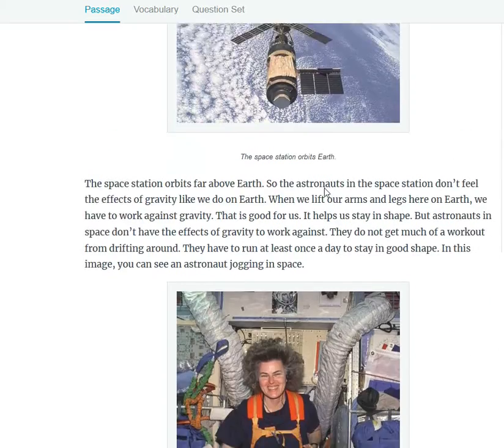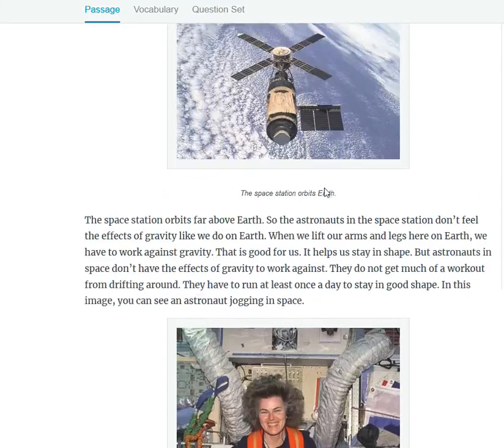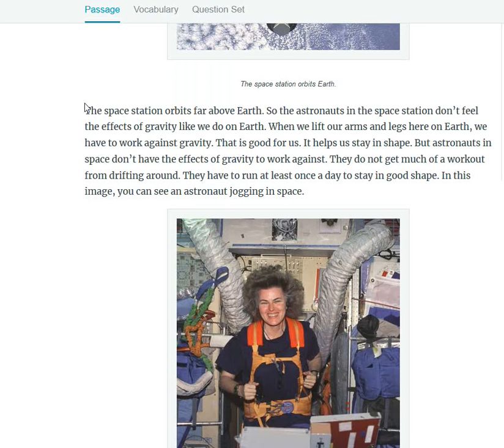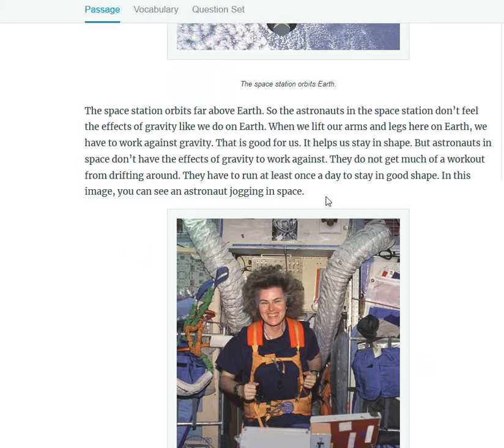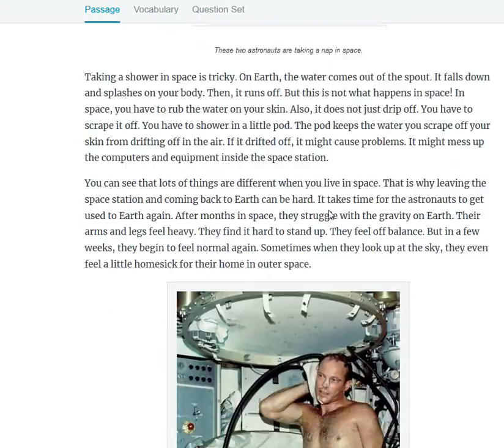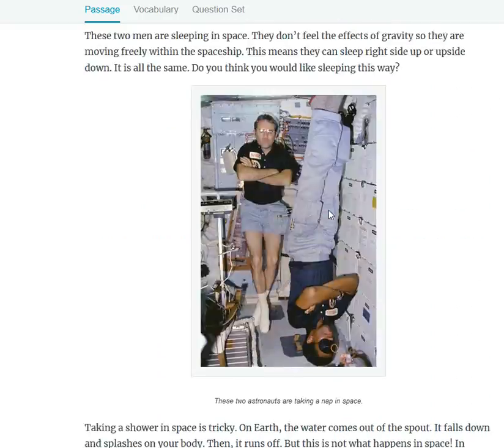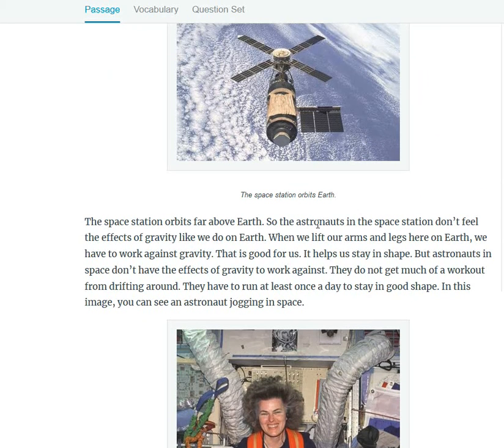But before we move on, I'm going to read this second paragraph for you and find the first key detail to get you started, so you are able to go to the last half of this and find some key details on your own. So it says the space station orbits far above Earth. So the astronauts in the space station don't feel the effects of gravity like we do on Earth.